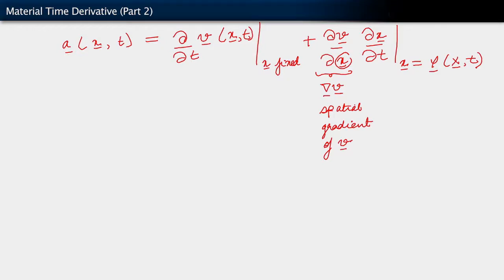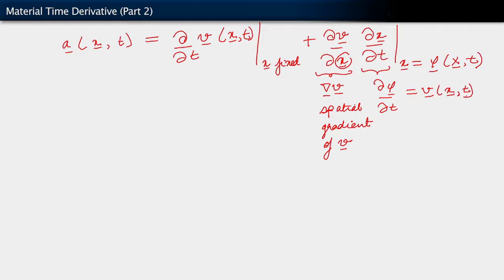But then what is partial of little x with respect to time, knowing that little x is just phi? This term is just partial of phi with respect to time. But phi is the motion after all, so its derivative with respect to time is simply the velocity, and we're going to write it as v of x comma time.